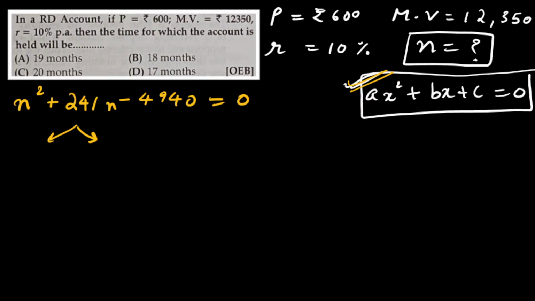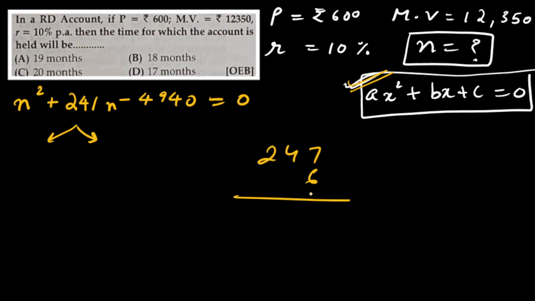Yes, Sanjay, tell me the factors. So the correct quadratic equation we have found now. So 241 we have to split into 247 and minus 6.